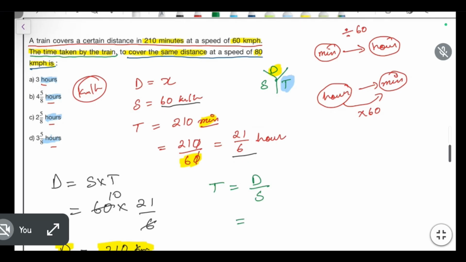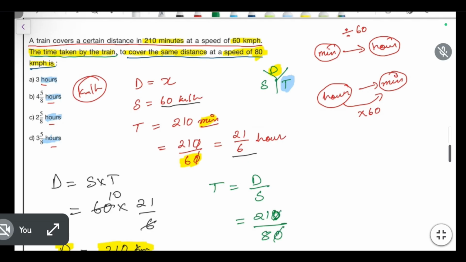Distance here is 210. What is the speed? We need to use this one, 80 kilometer per hour, because we are finding the time taken by the train to cover the same distance at a speed of 80 kilometer per hour.